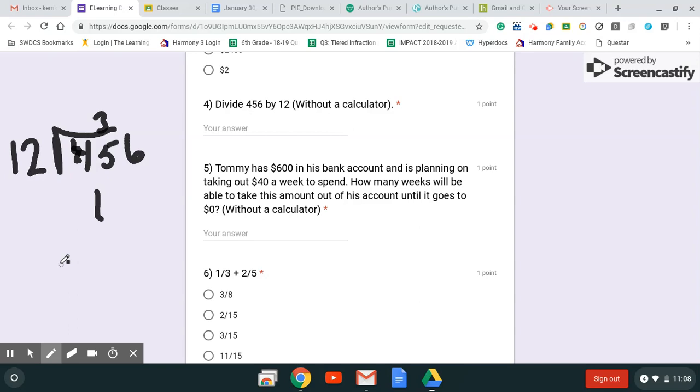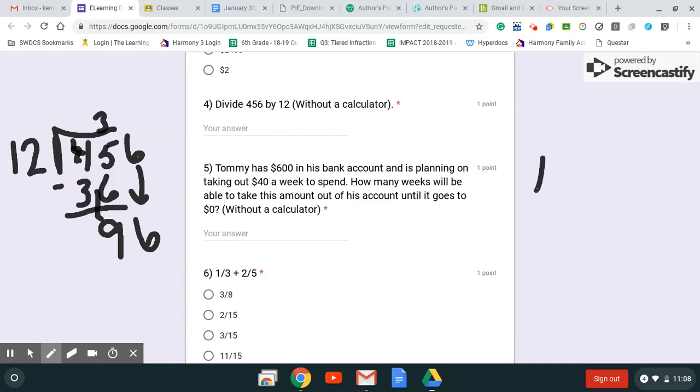12 times 3 equals 36. We're going to subtract. So 45 minus 36 gives us 9. Bring down our 6. And then how many times can 12 go into 96?